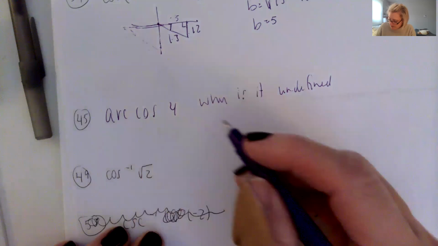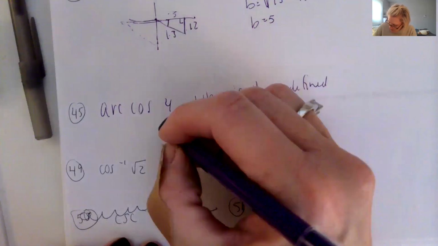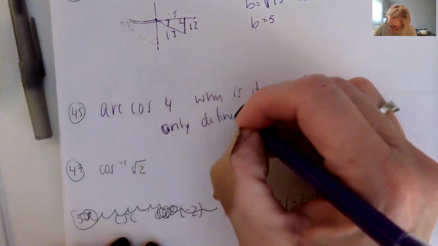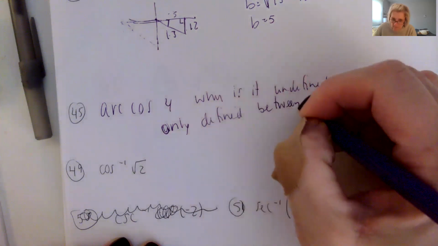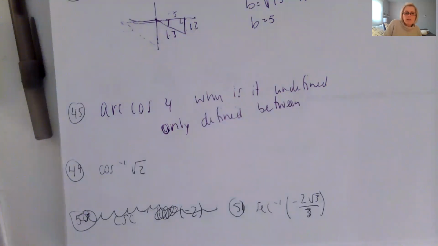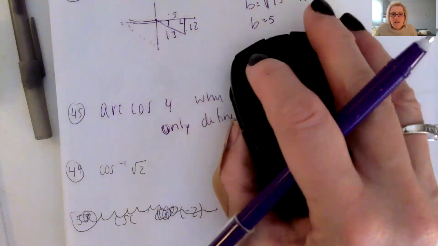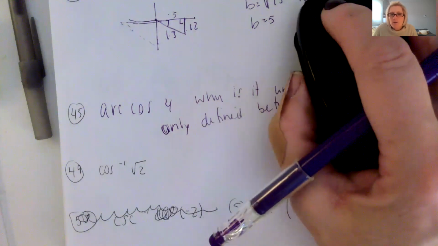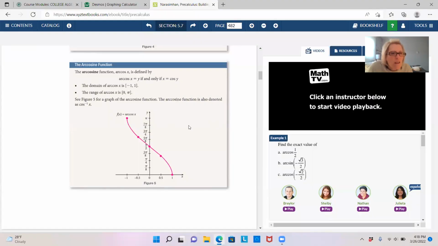If we look at arc cosine, it's only defined between, let's go back and show where that's defined in the book. So it's only defined between -1 and 1, and that's why. It can't be defined at 4.